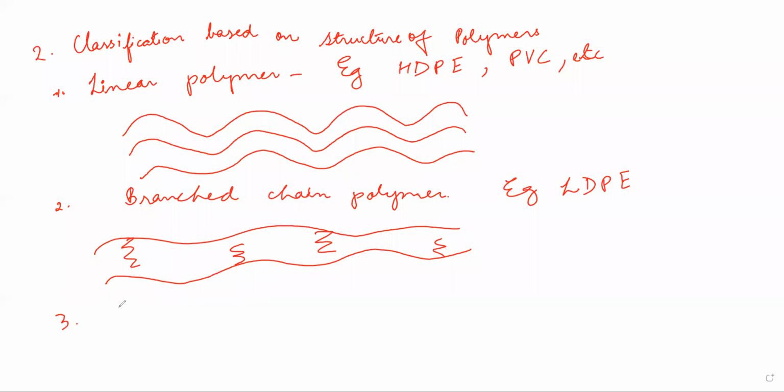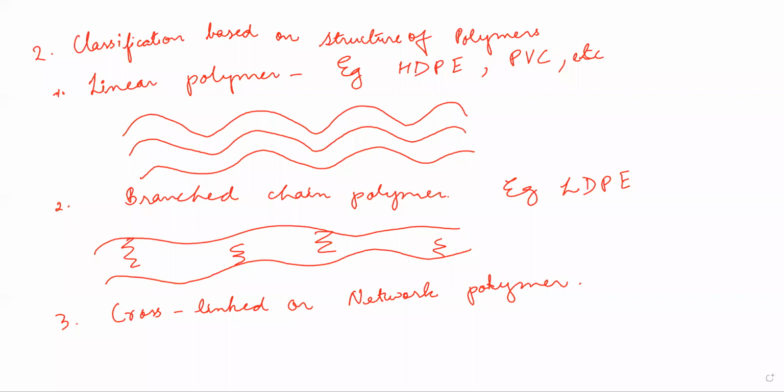Third category is cross-linked or network polymer. So what is happening here? These polymers are formed when there are certain functional groups present in the monomer. It may have 2 functional groups, it may have 3 functional groups, and they combine together with 2 special criteria.